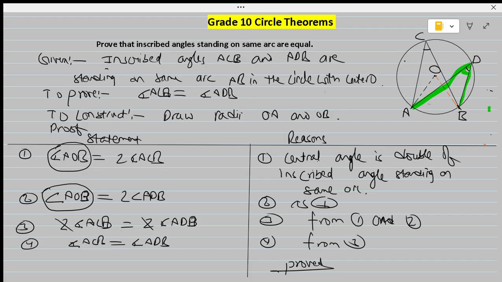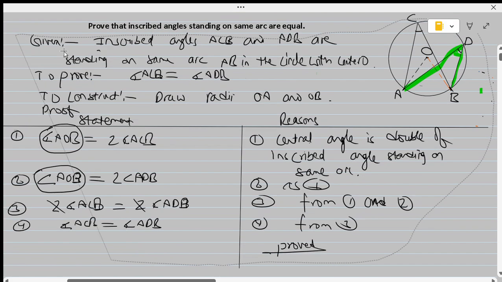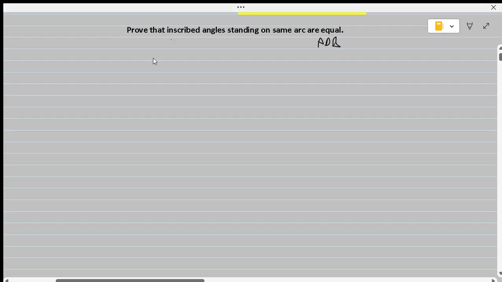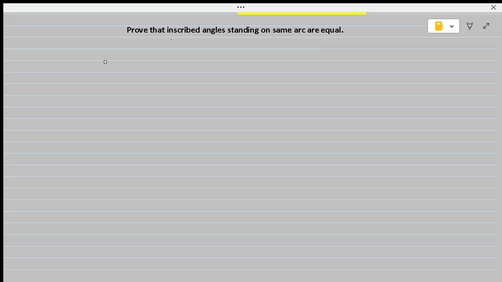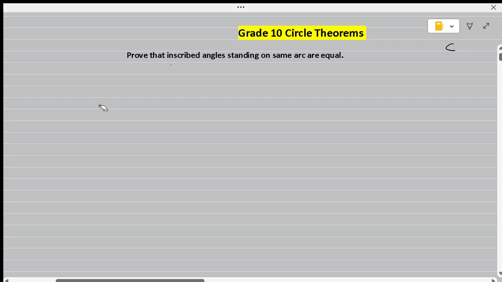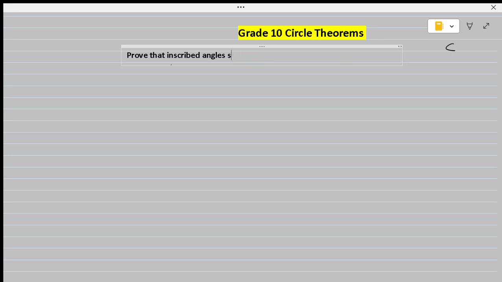Now I go with another theorem. This theorem is about the relation of the inscribed angles of the cyclic quadrilateral.